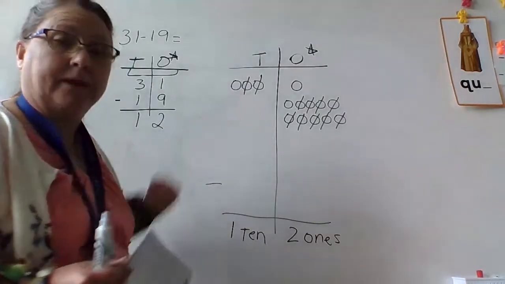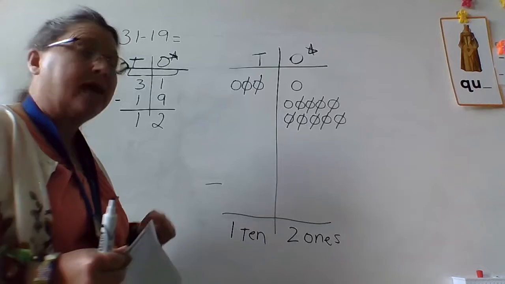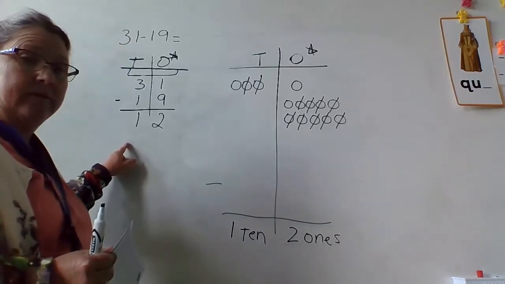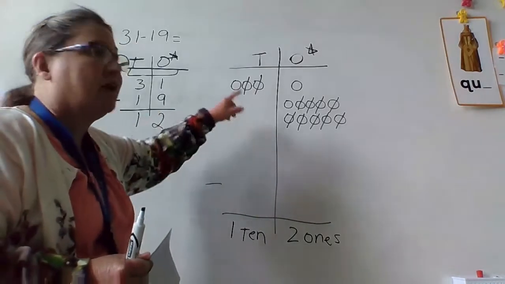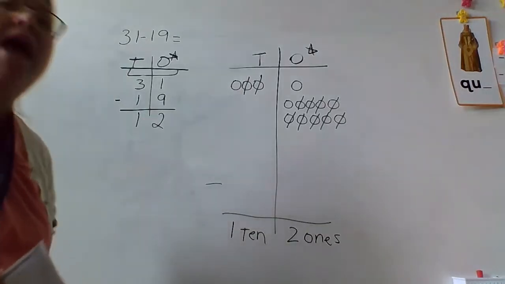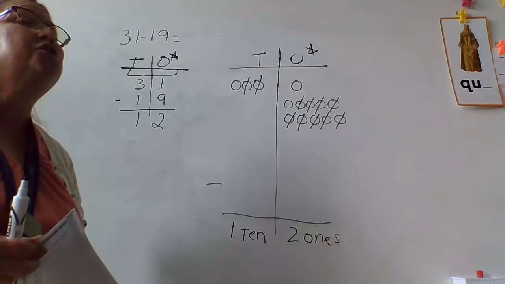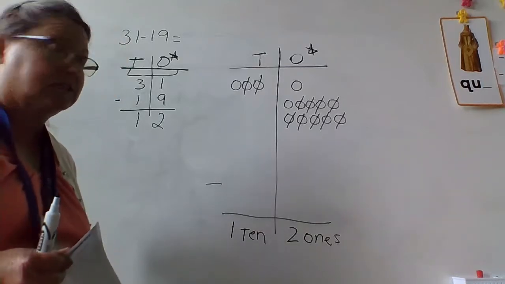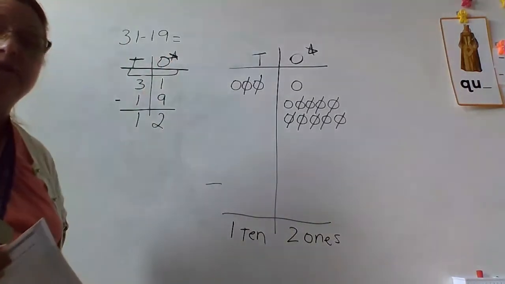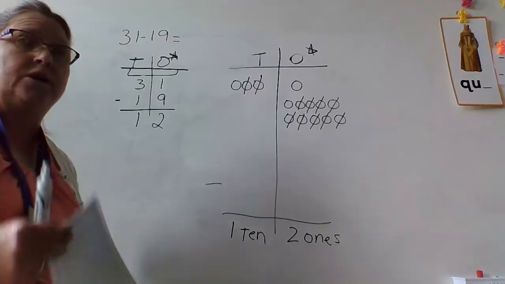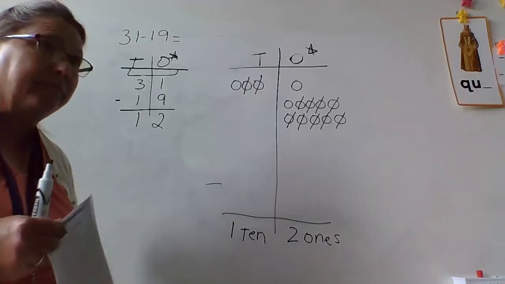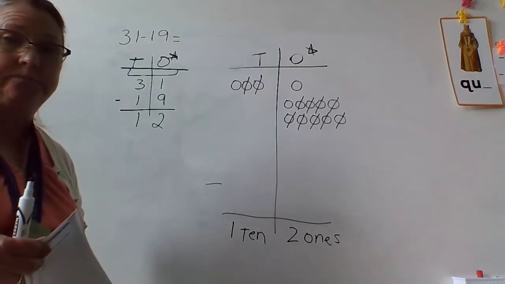We did the problem, and we only ended up with a 1 over there because we had to cross that 1 off. You have to cross it off. But more than that, you have to do your ones first. That's why we have a star. You have to work with your ones first, or you will never get the right answer.